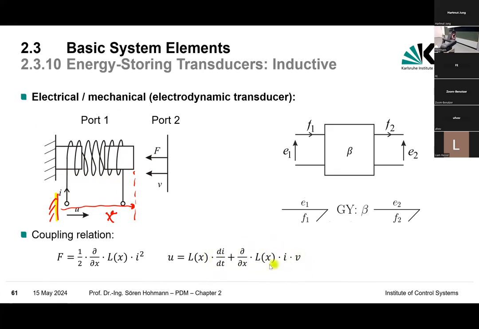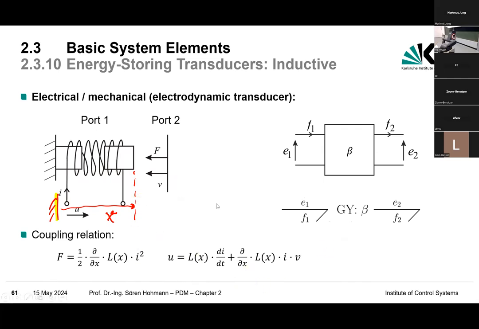So the velocity enters the problem. It's not just a self-induction principle, but also a movement principle. And again, you have this coupling between the storage function and the way it's transformed magnetically.